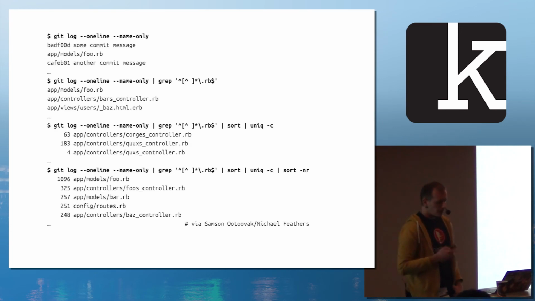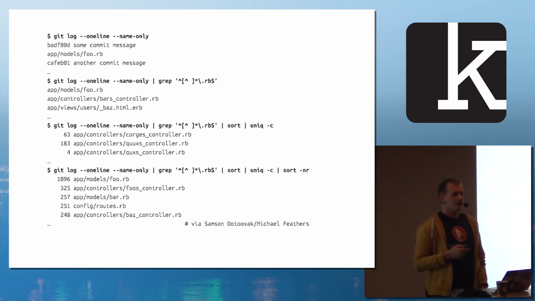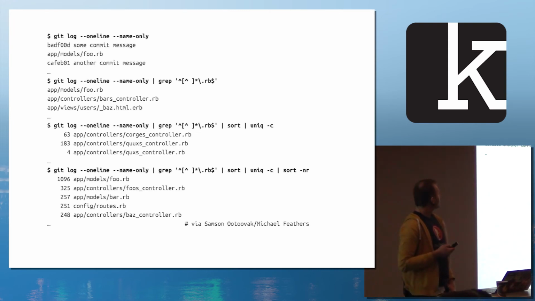So the other thing is that you might want to check when you join a new project. If you run git log --oneline --name-only, you will see the commit information and then the files that were altered. Then another commit and all the files that were altered.